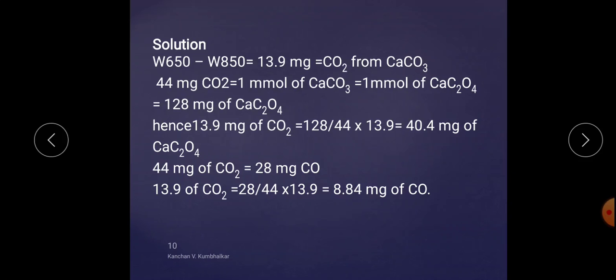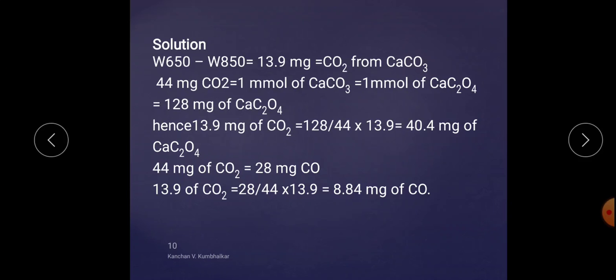So if 44 mg of CO2 is liberated, then what is the initial amount of CaC2O4, that is anhydrous calcium oxalate? Its molecular weight, that is 1 mole, is 128 mg of CaC2O4. Means if we take 128 mg of CaC2O4, we get 44 mg of CO2. But the total quantity of CO2 liberated is 13.9 mg.